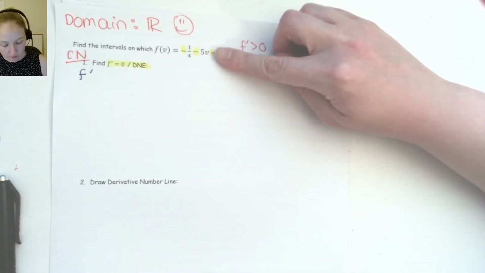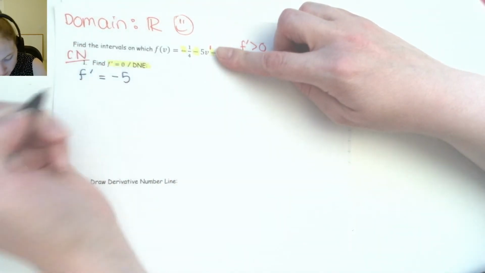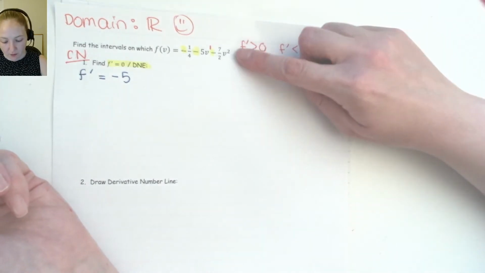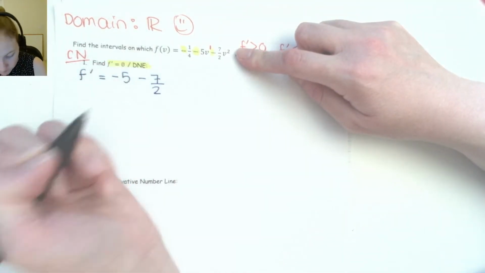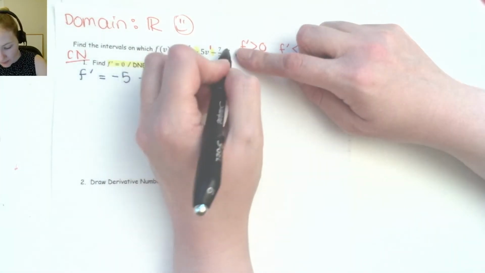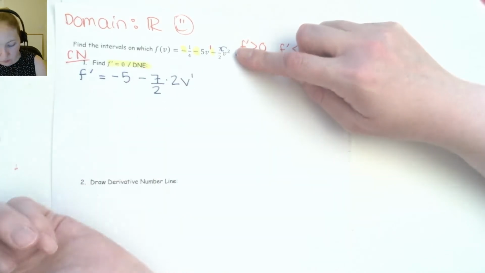The second term, 5v to the first, linear term, so its derivative will be the coefficient. The third term, the 7/2 will tag along, and then the 2 will come down, and then subtract 1 from the exponent.